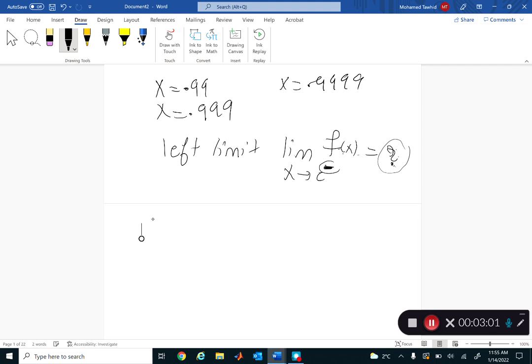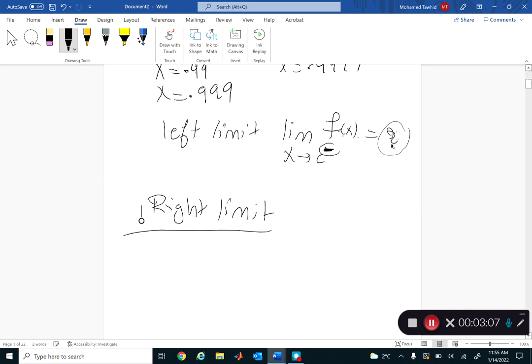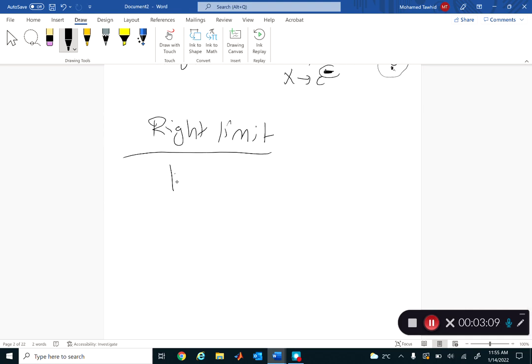That's called the left limit. And there is something called the right limit. That is when you take the limit as x approaches c from the right. I write a plus here, which means from the right, after c. So what happens to f of x? It gets close to a specific number.